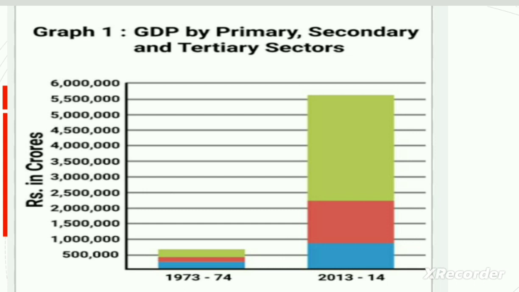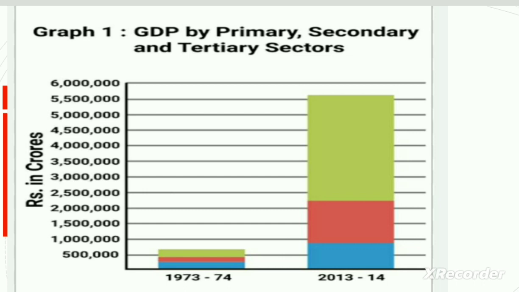Whereas in the case of India, little more than one fourth of the total population is dependent on the tertiary sector. So this is the difference. The Indian economy, even till today, is predominantly dependent on agriculture. But agriculture, as you can see, is unproductive.